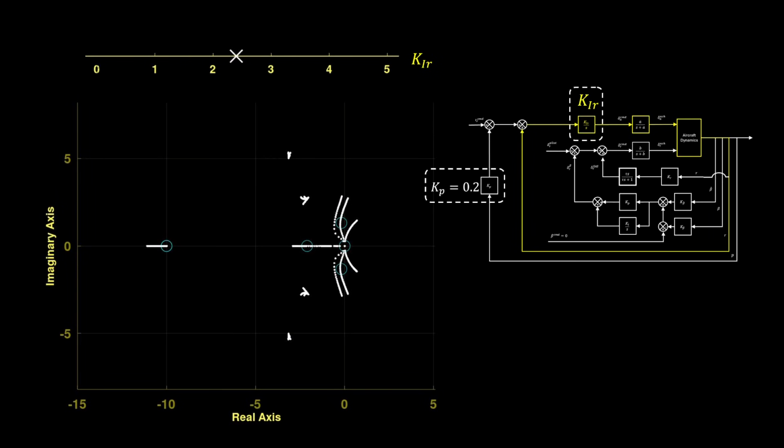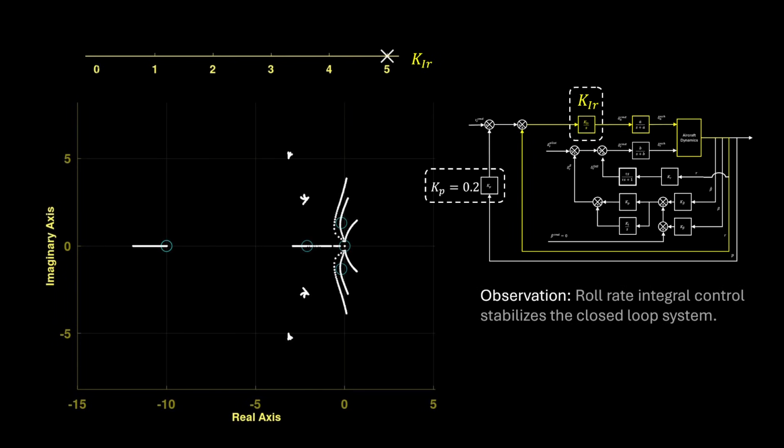The unstable complex pair becomes stable for a range of Kir, and that stability increases as Kp increases. But with almost any tuned parameter in feedback control, there's always a trade-off. What trade-off did you observe here?